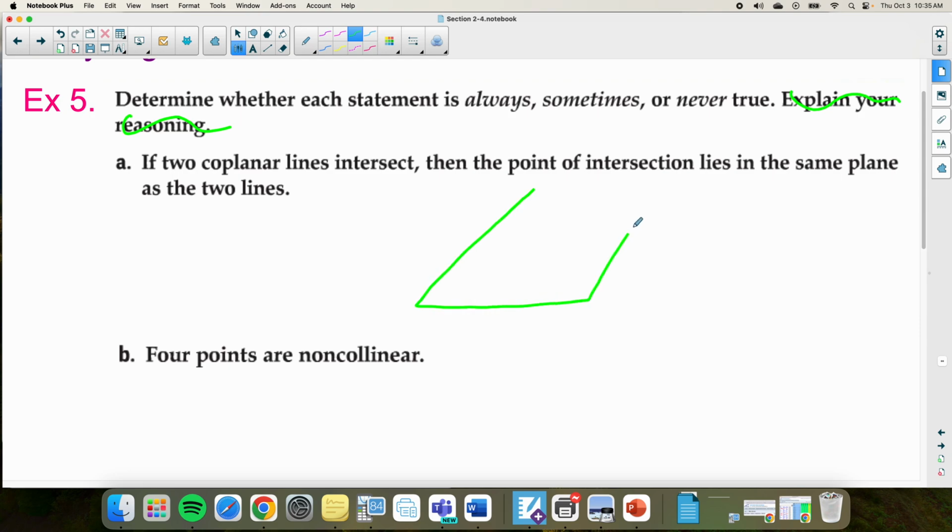They're saying 2 coplanar lines, which means both lines are in that plane, and they intersect. So would you guys know that it would look like this and this? Okay. And it says then the point of intersection here would also lie in that plane. Do you think that's always true, sometimes true, or never true? Always, yes.